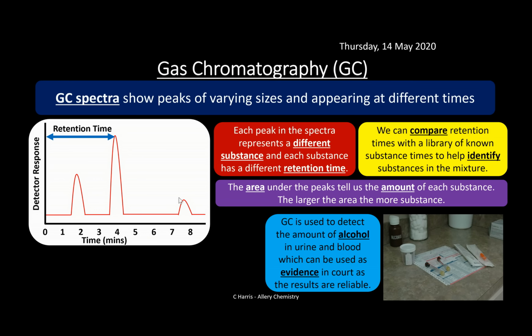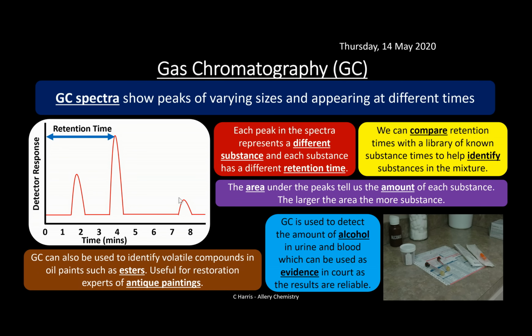So this is where gas chromatography is used in things like forensics, for example, and also by art historians or art restorers, for example paint restorers. They can identify volatile compounds in paints such as esters, and obviously this is useful for the restoration of artwork. What you want to do is imitate as closely as you possibly can the paints that were used by the original artist if it needed repairing.